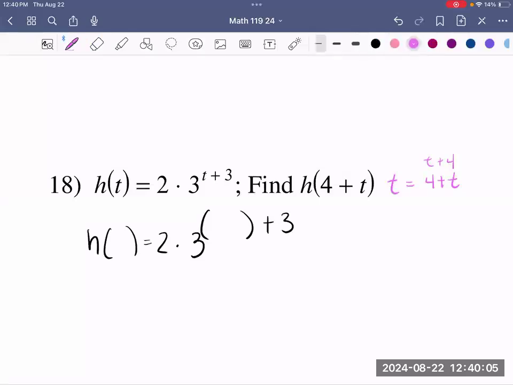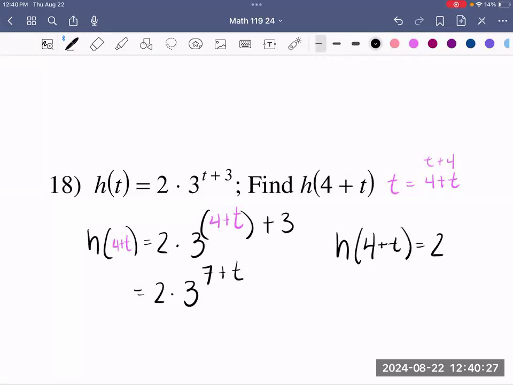Let's do 4 plus t. So we have 2 times 3. We have 4 plus 3 is 7 plus t. So h of 4 plus t is equal to 2 times 3 to the 7 plus t.